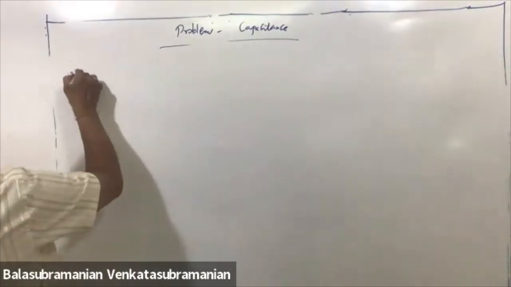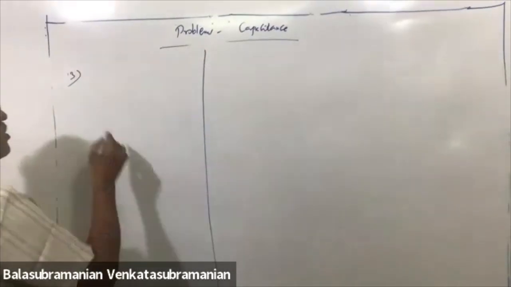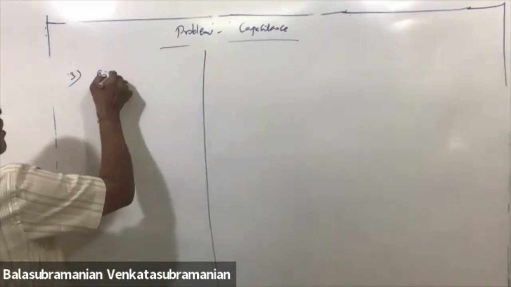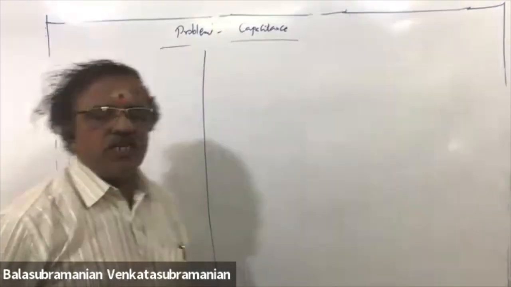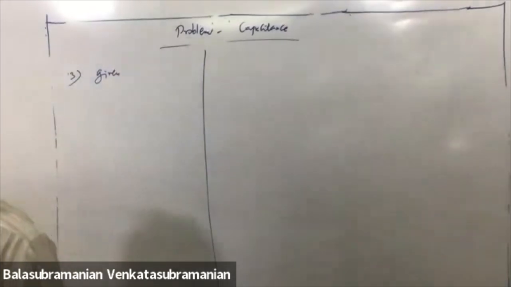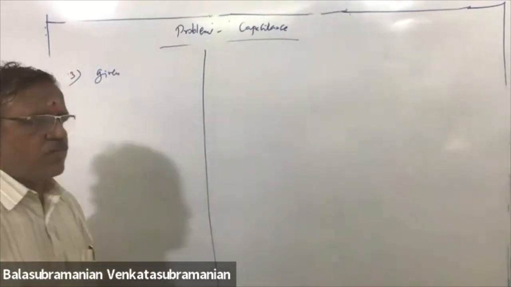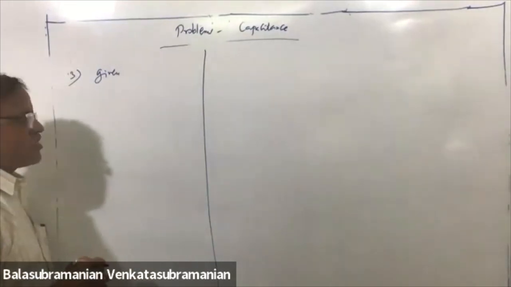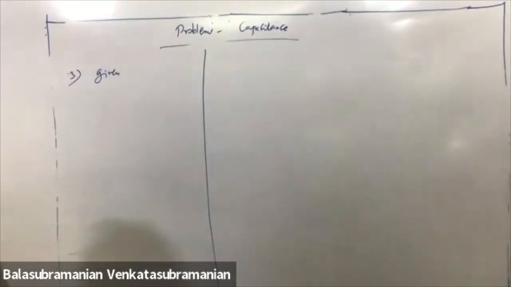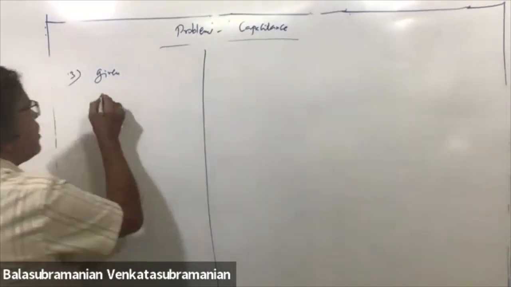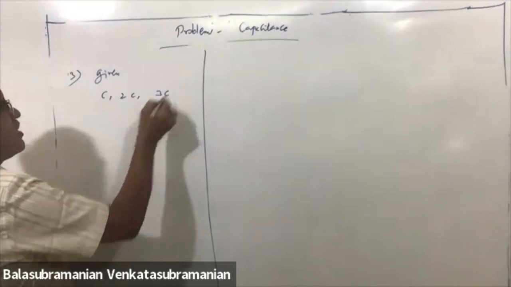Given capacitance ratio 1:2:3. That means the values are C, 2C, 3C.